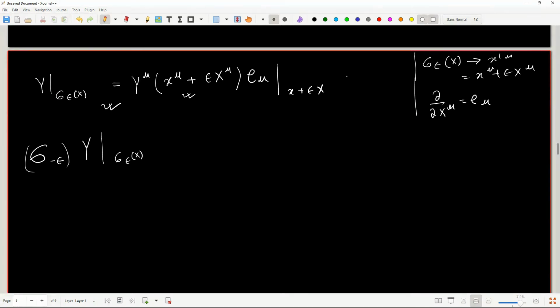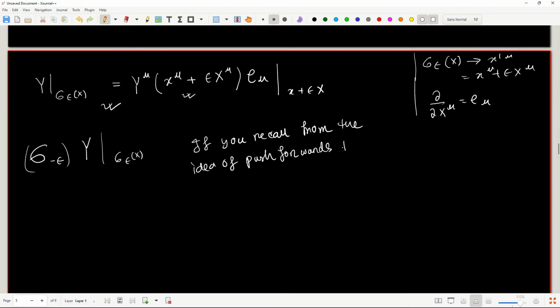So if you recall from the idea of push forwards, that f star v, where f star was the push forward, v acting on g, where g is some function, was the same thing as v acting on the functional composition, like this, right?